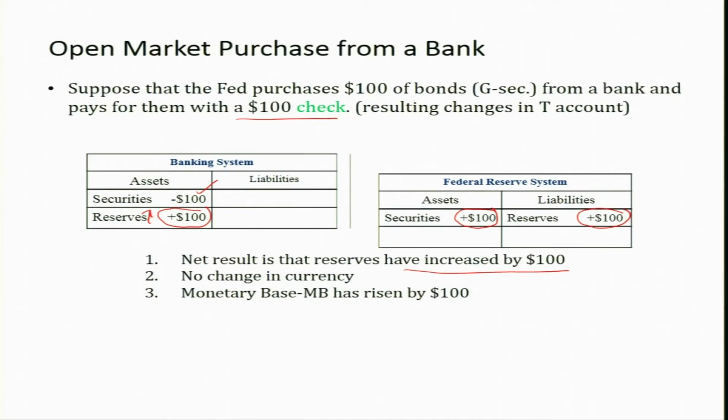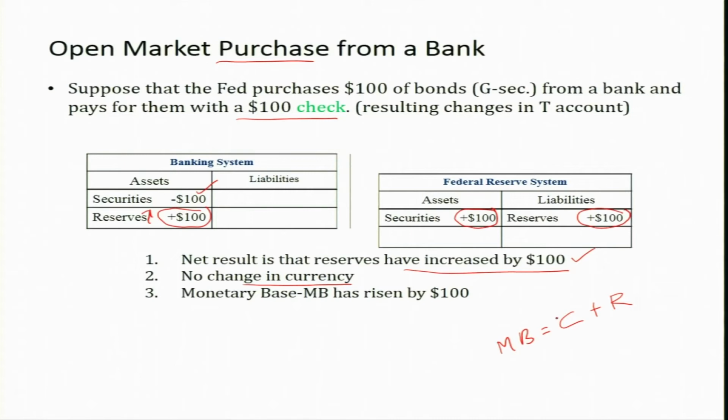That means through an open market operation, that is an open market purchase from a bank, the net result is that in the banking system the reserves have increased by $100. About the currency in circulation, there is no change immediately after that. So what is monetary base? We have already seen that monetary base means C plus reserves with the banking system.